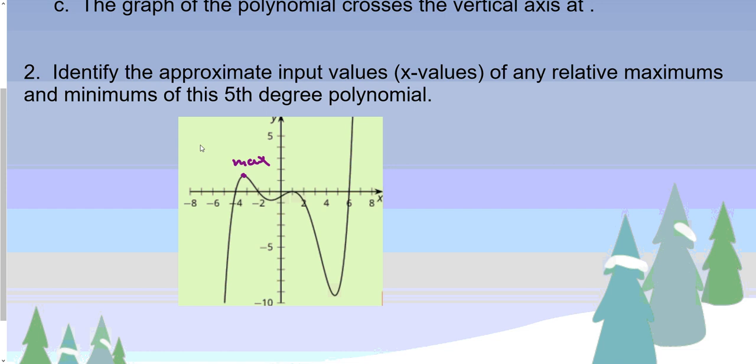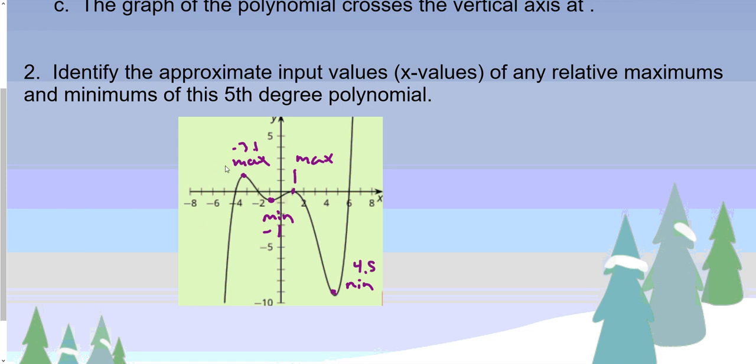It looks like maybe that's around -3, maybe a little bit higher, like -3.1. Here's one maybe around -1. This is a min. It's got a little valley. Sometimes we call it the valley of the graph. And maybe around 1, here's a max. And here's a min, looks like maybe around 4.5.